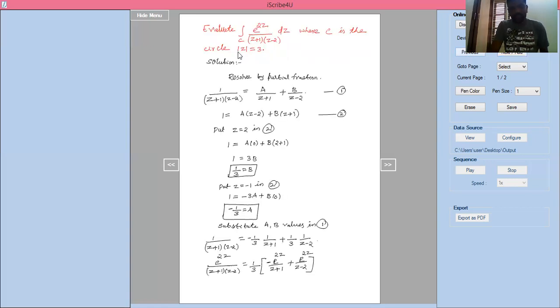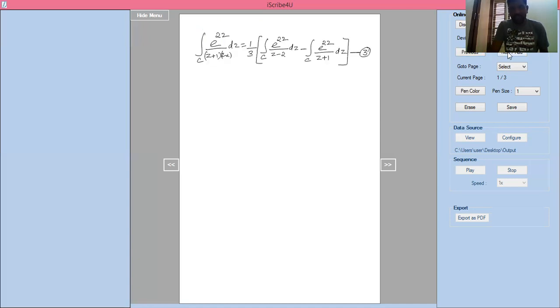The given circle is modulus of z equal to 3. How do you draw this circle? Modulus of z equal to 3 means a circle with center at origin and radius 3 units. Taking this as the x-axis and this as the y-axis, this is the center, with radius 3 units.